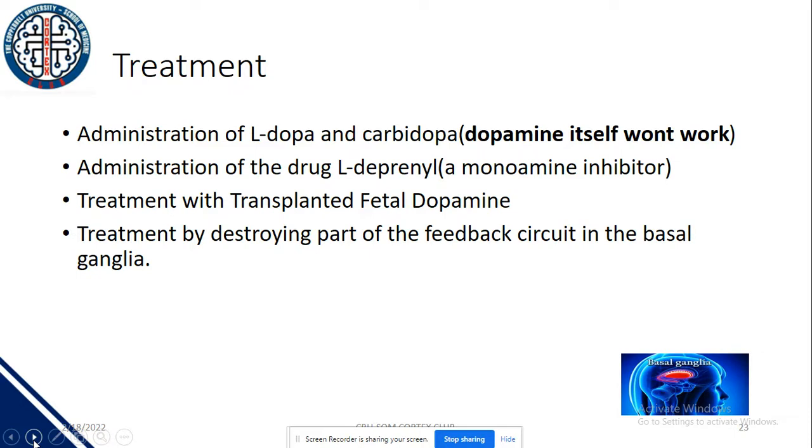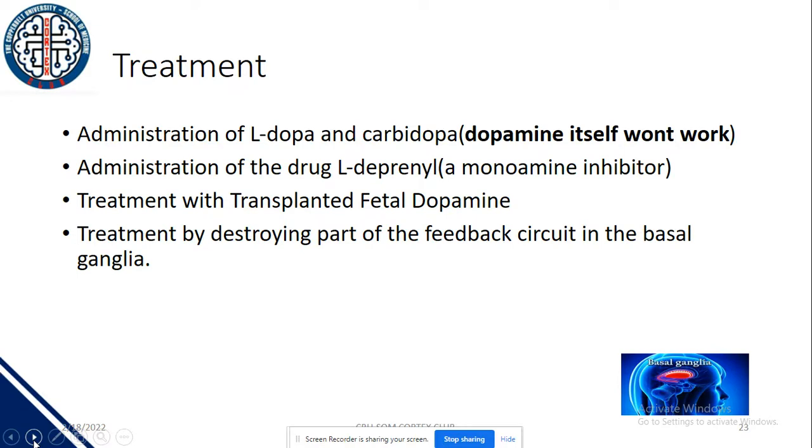Administration of the drug L-deprenyl, which is a monoamine oxidase inhibitor. We're going to look at where this monoamine comes in. Then we have treatment with transplanted fetal dopamine. If we are to do this, it's more like you want to replace the dopamine function there.